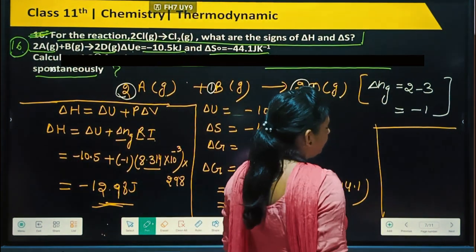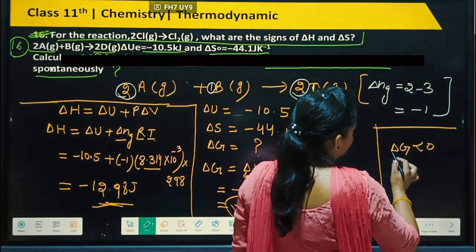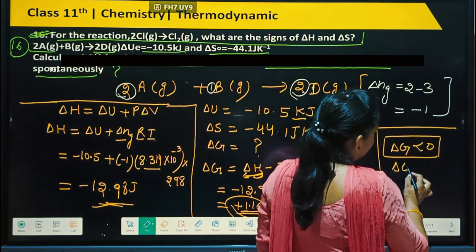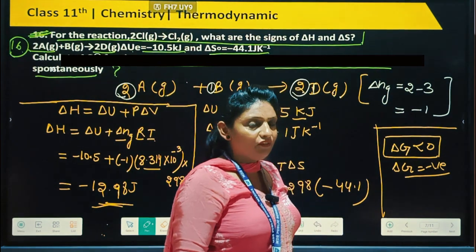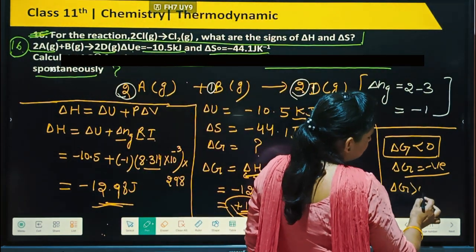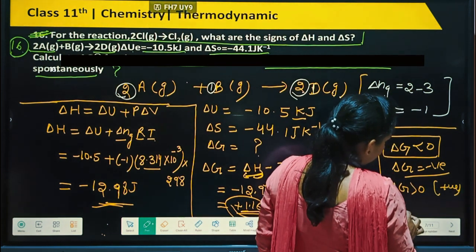And you know very well students, if delta G is less than 0, or we can say delta G is negative, then the process will be spontaneous. And if it is greater than 0, or we can say it is positive, the reaction will be non-spontaneous.